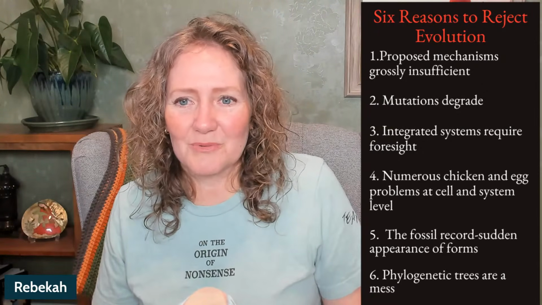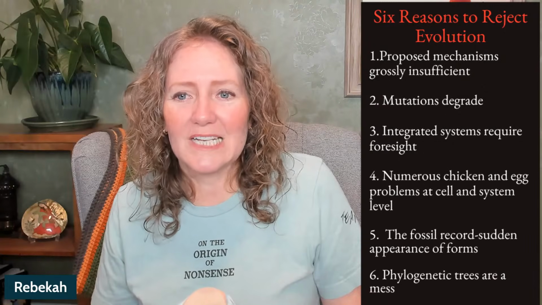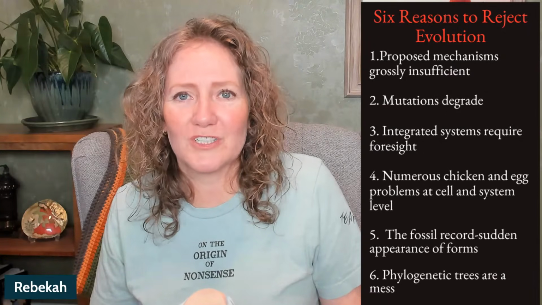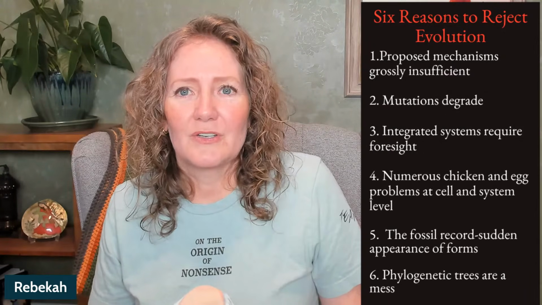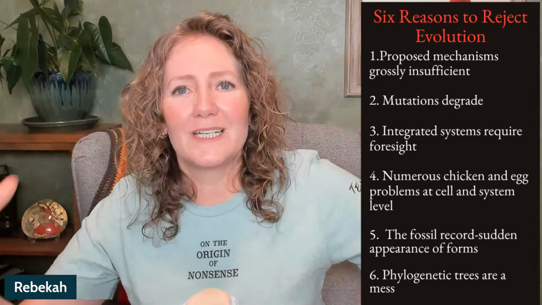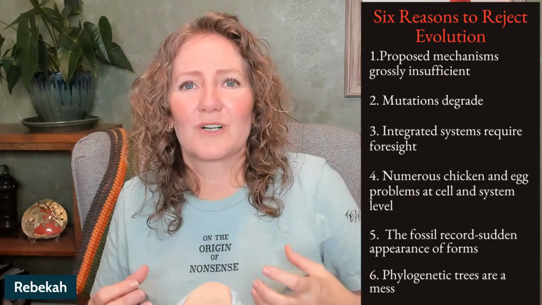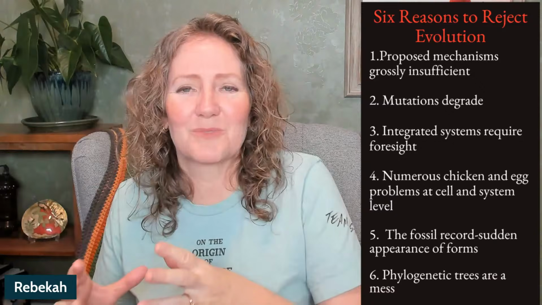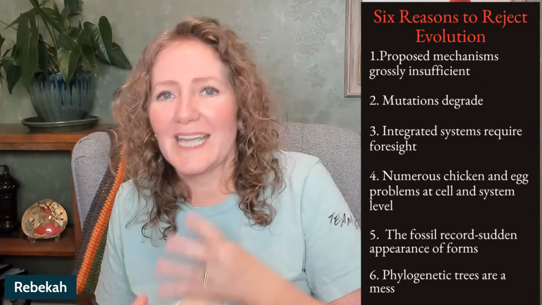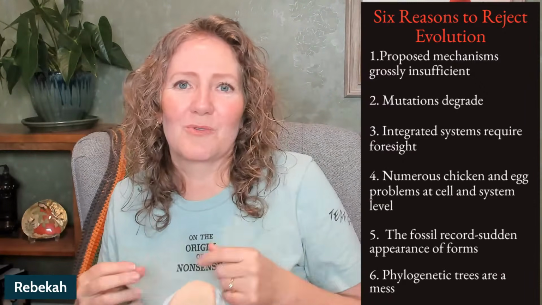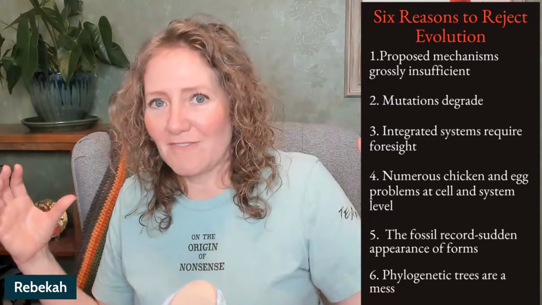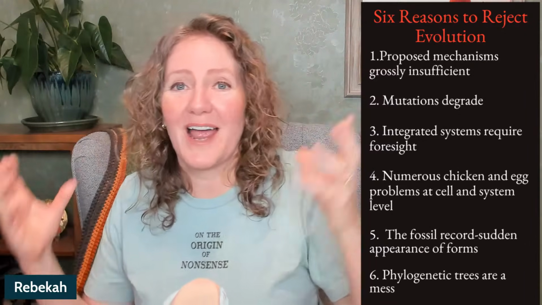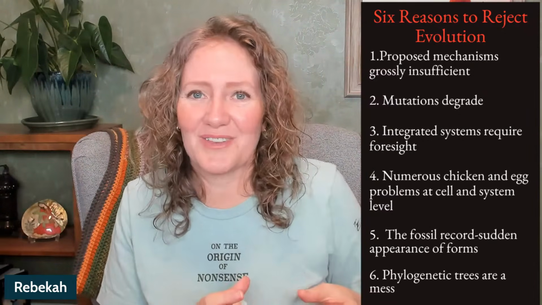Number 3 reason to reject evolution: integrated systems require foresight. You have to know what needs to be done in order to get these systems to work together. You have to plan. If mTORC1 was able to magically appear, how does it get integrated with all of these other systems?